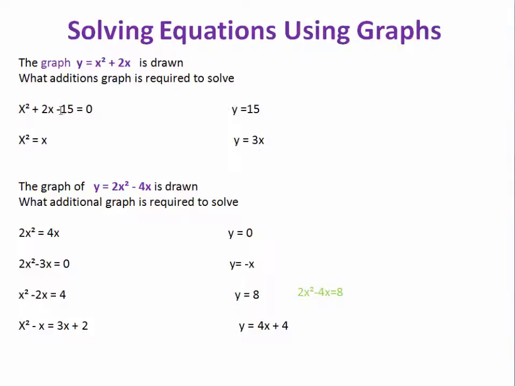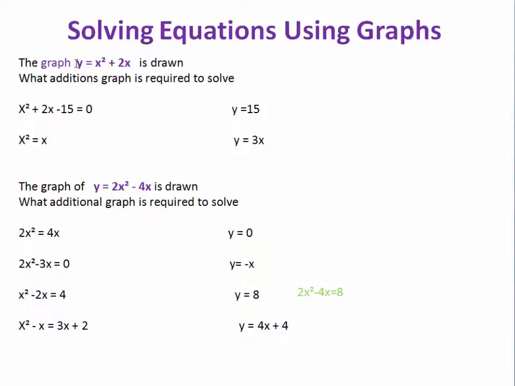So we leave our x squared plus 2x on one side here, equals, take our minus 15 to the other side, that becomes plus 15. So if we draw a line of y equals 15, and we've already got this graph drawn for us, then where the two cross, those are our solutions.